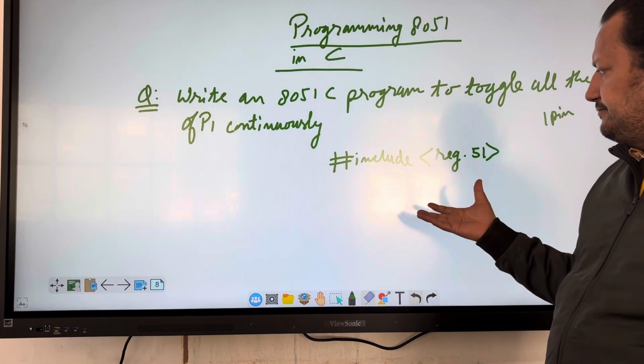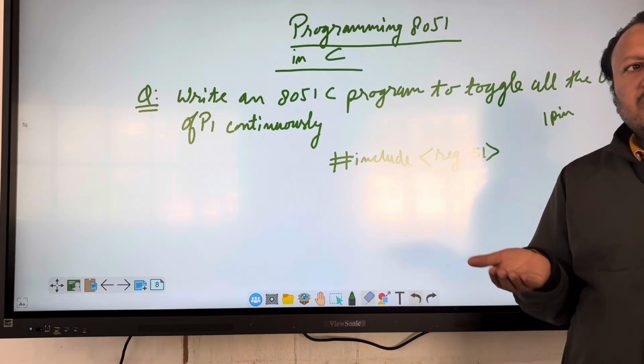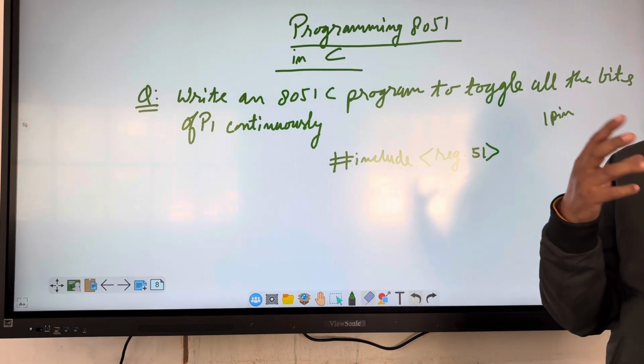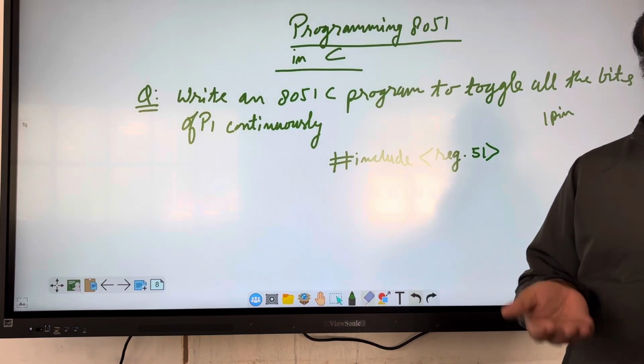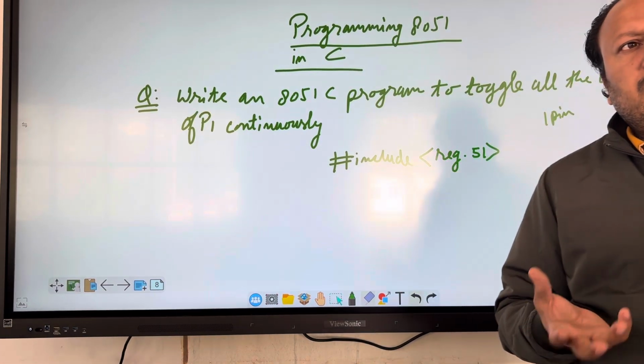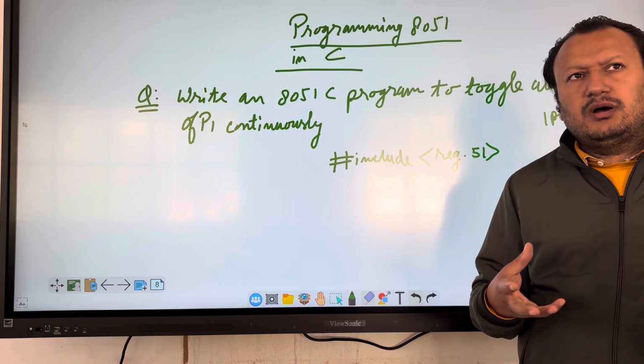But here we don't need input output in the general sense. We want to do an application of the microcontroller, so the definition of the microcontroller should be there. By default C is a very good language to control and program a microcontroller.